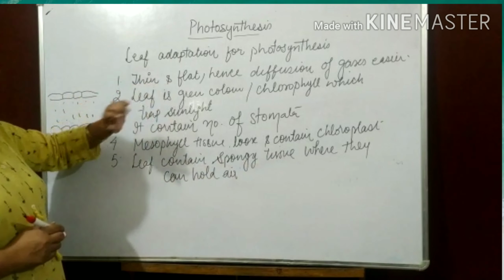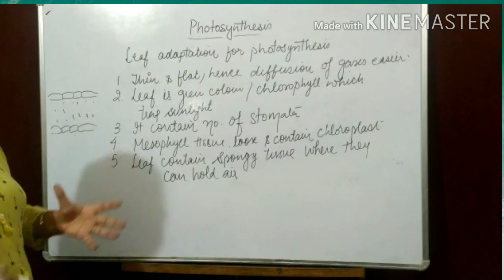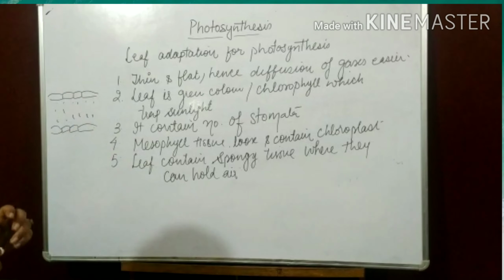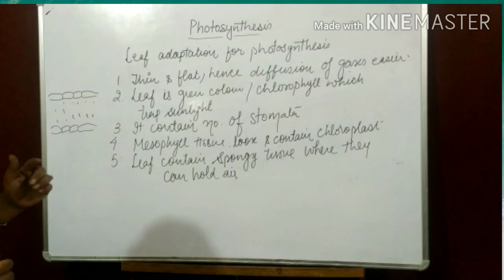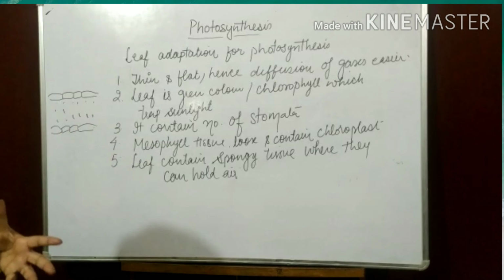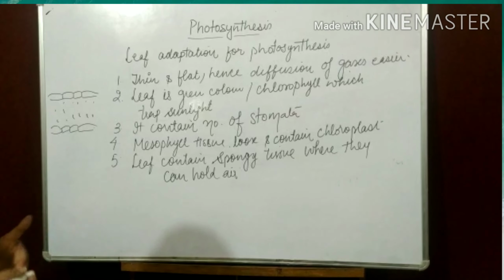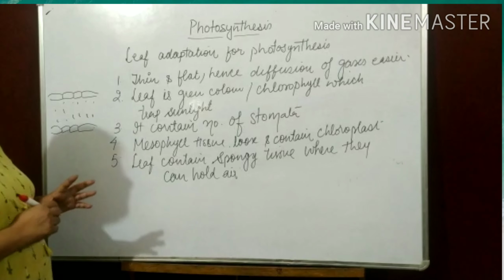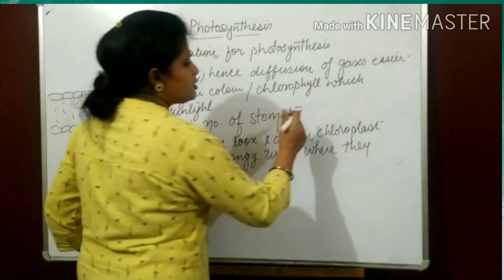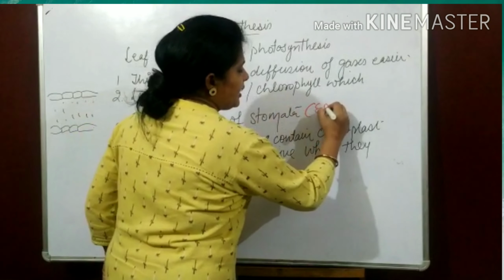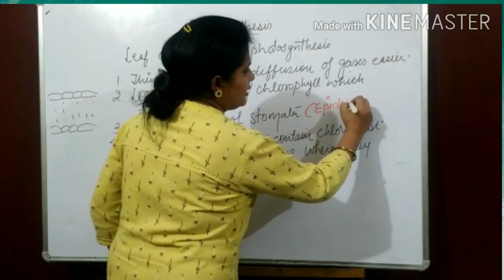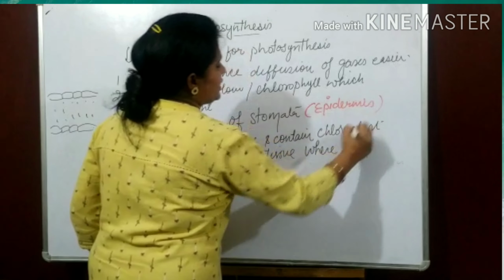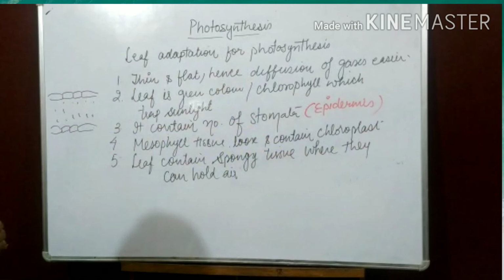So the leaf is adapted in 5 ways. First, a thin and flat surface increases surface area, so diffusion of gases is easier. The leaf is green in color due to abundant chloroplast. Chlorophyll is there which can trap sunlight. It contains a number of stomata, and stomata are present in the epidermis of the leaf, where exchange of gases is possible.